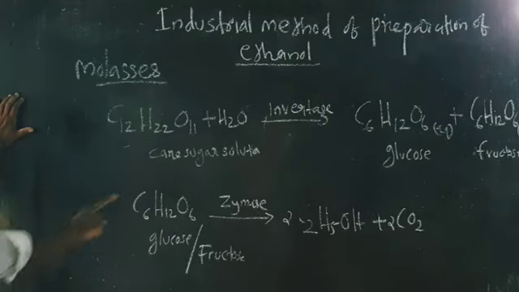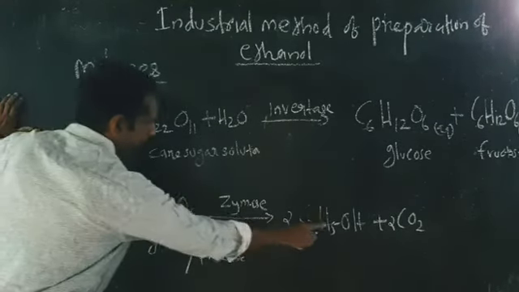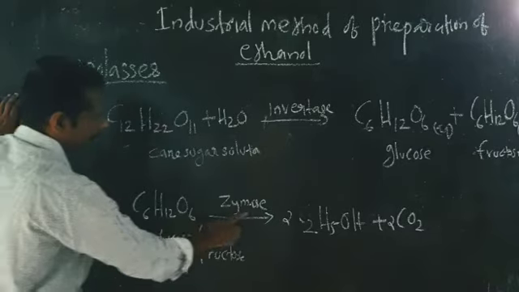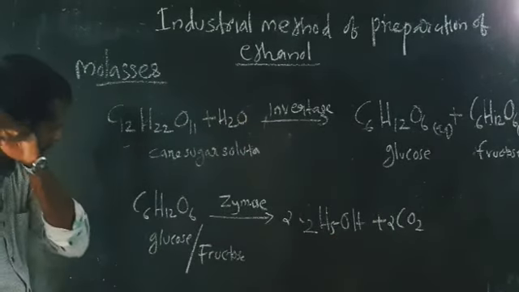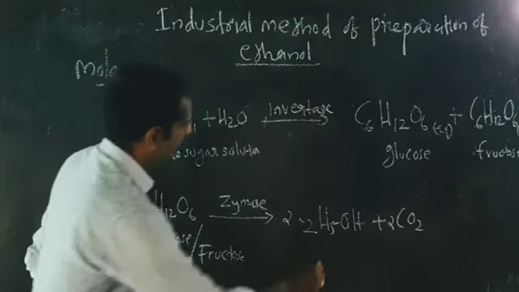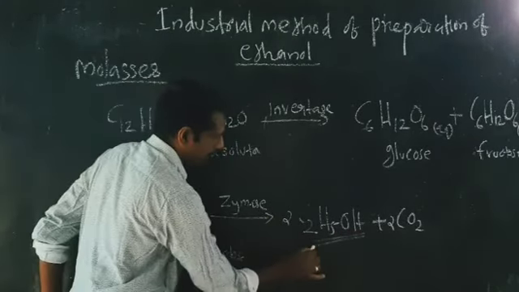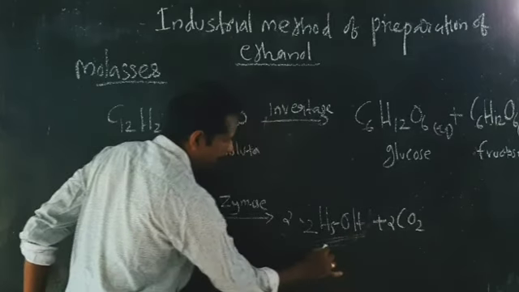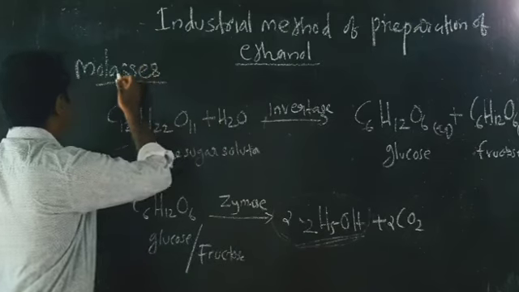You have studied this earlier also. Look at the reaction, and this is the balanced equation: C6H12O6 gives 2C2H5OH, ethanol, plus carbon dioxide. Here we are getting ethanol by the fermentation of molasses.